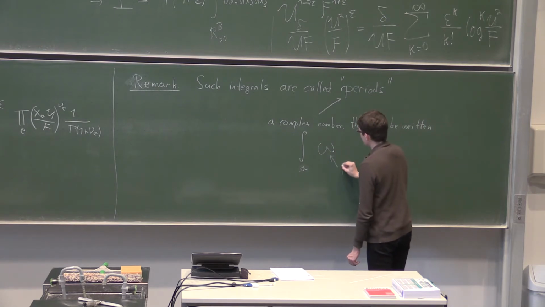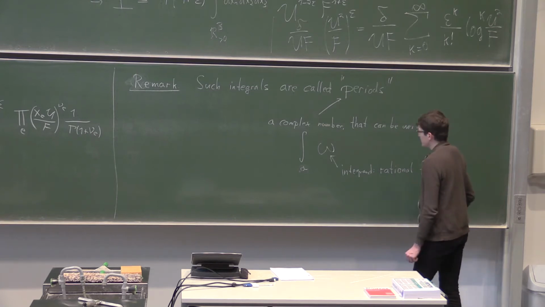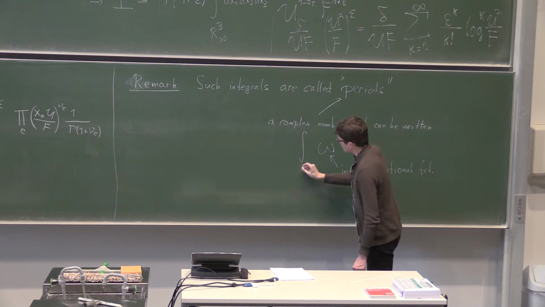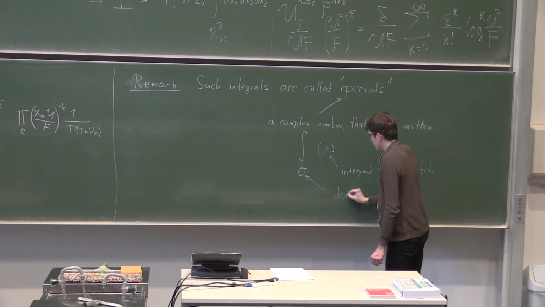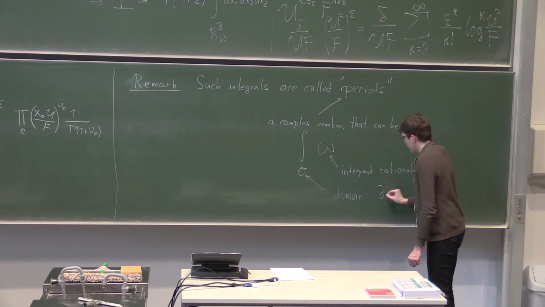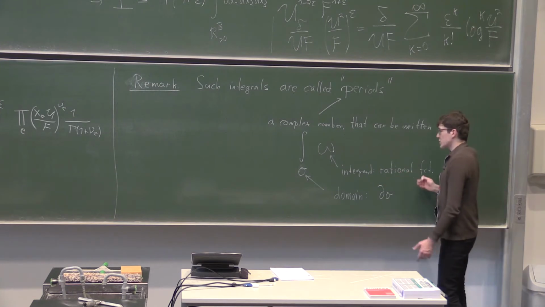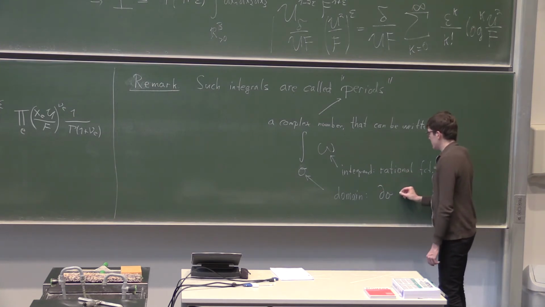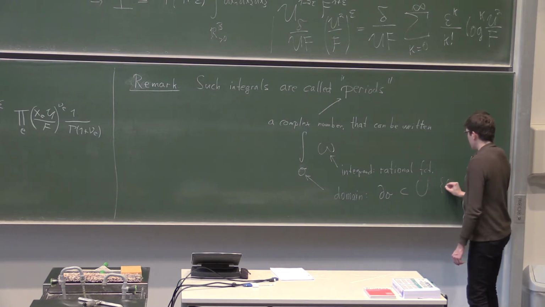So the integrand is a rational function. And the integration domain is supposed to be a sigma, domain of integration. Well, what you want is that the boundary of the domain also has to have a description in terms of rational functions, or it suffices to use polynomials. It's contained in the union of some polynomials.